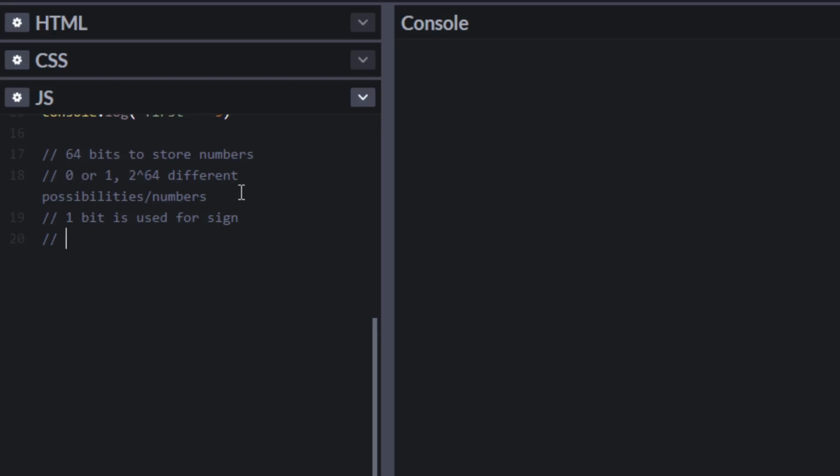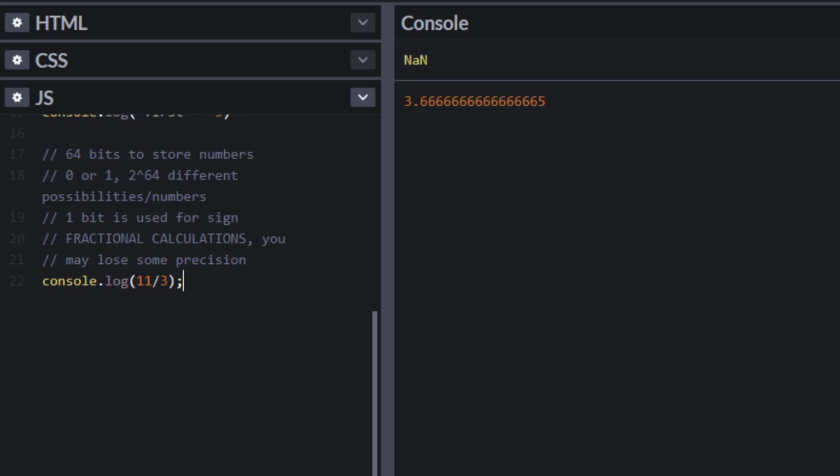There are chances that when you do fractional calculations, you may lose some precision. For example, when you do 11 divided by 3, this might not be the greatest example, but you can see that when there is a limit, there are chances that you may lose some precision.